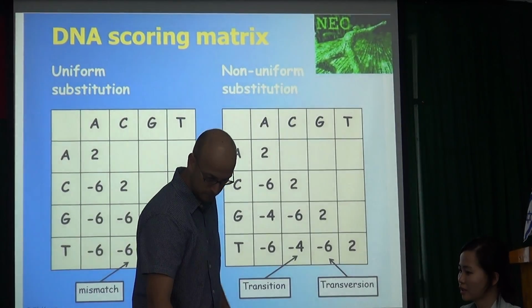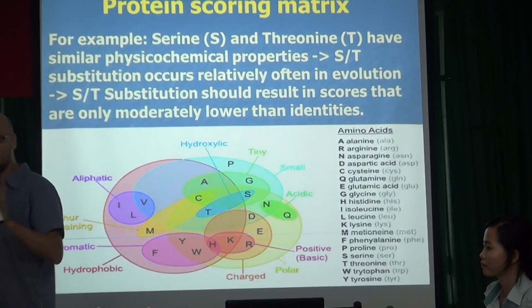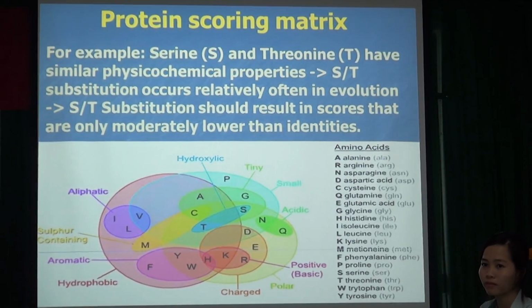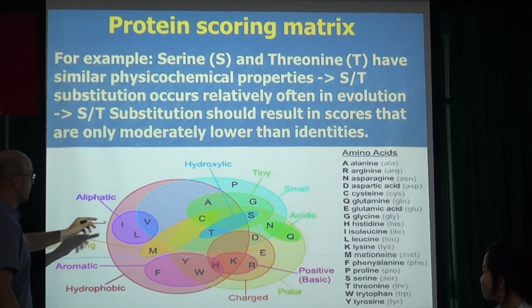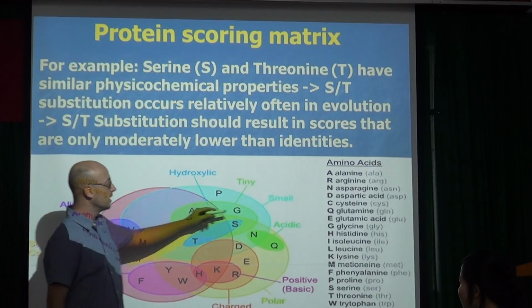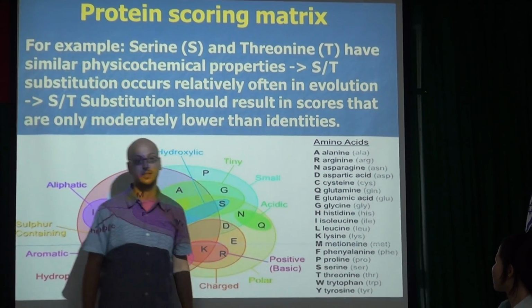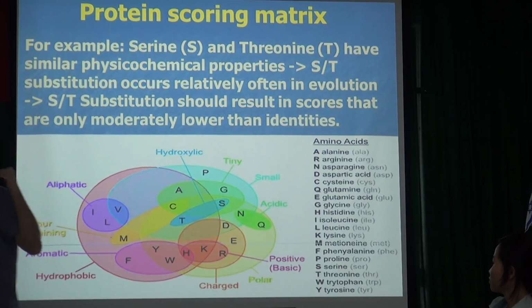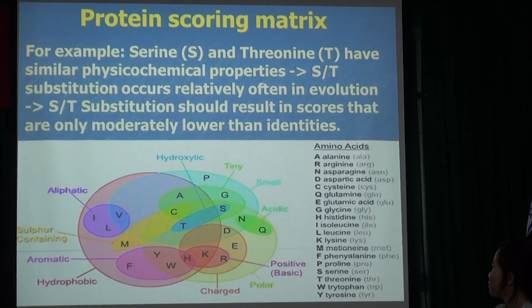Okay. The same way, don't be afraid, the same way in amino acids. These letters are different amino acids. A is alanine, R is arginine, N is asparagine. So we have the different amino acids in the protein sequence.